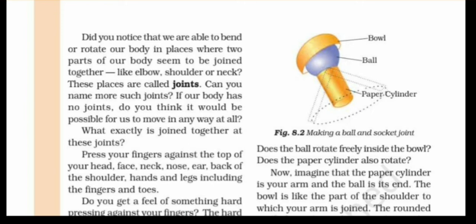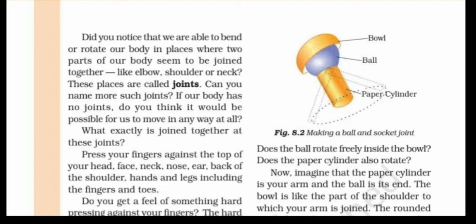Places where two parts of our body seem to be joined together, like the elbow, shoulder, or neck, are called joints. In the arm and hands, if you look at the arm part and the hands, there are two big bones, and they are joined by the elbow point, right?